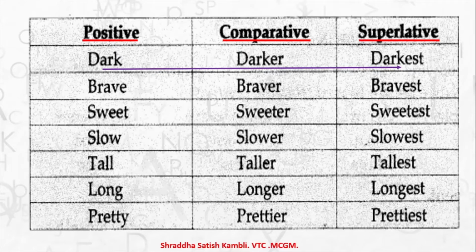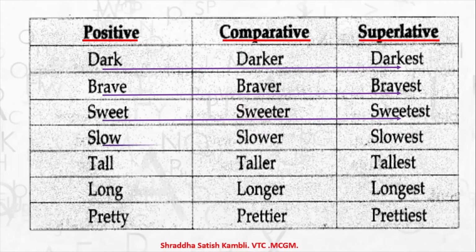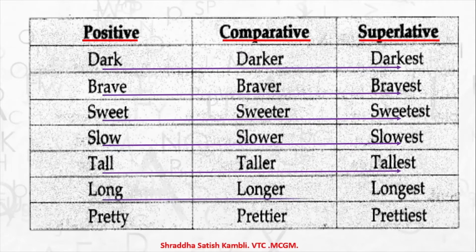Then you have brave, braver, bravest. Sweet, sweeter, sweetest. Slow, slower, slowest. Tall, taller, tallest. Long, longer, longest. And finally you have pretty, prettier, prettiest.